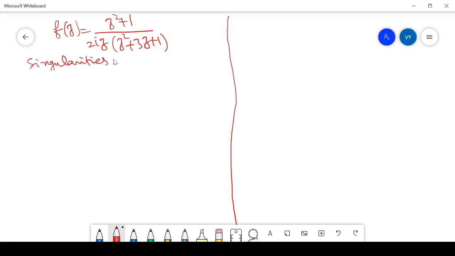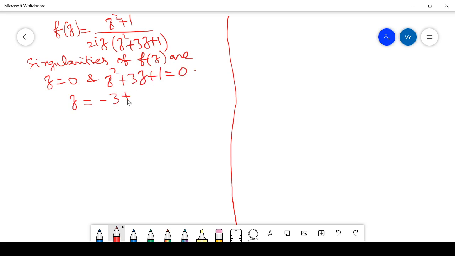Singularities of f of z are z equal to 0 and z squared plus 3z plus 1 equal to 0. So when I find the value of z here, I will have minus b plus or minus root of b squared minus 4ac, whole divided by 2a, which turns out to be minus 3 plus or minus root 5 by 2.